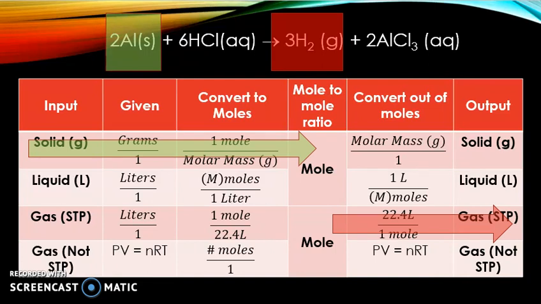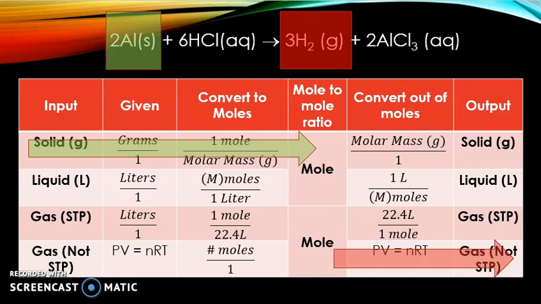If I'm at STP, and now I'm dealing with hydrogen, I could simply apply the molar volume of 22.4 liters to 1 mole to convert it back to a volume. Or if I'm not at STP, I could follow this alternative pathway using a PV = nRT problem to convert it back to liters.